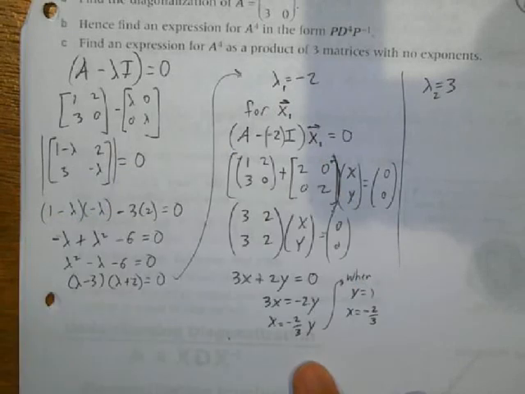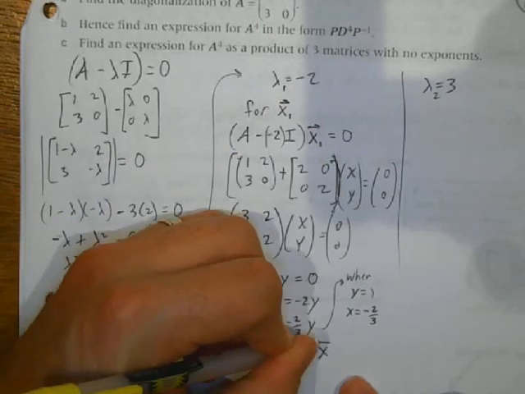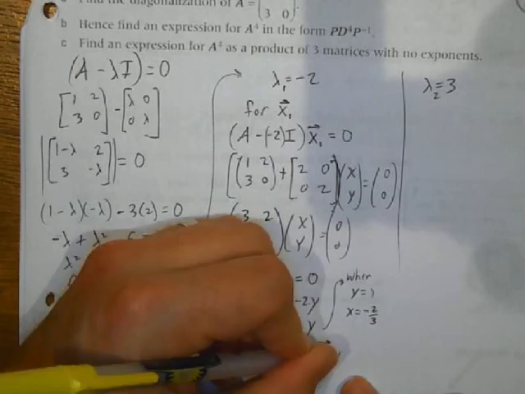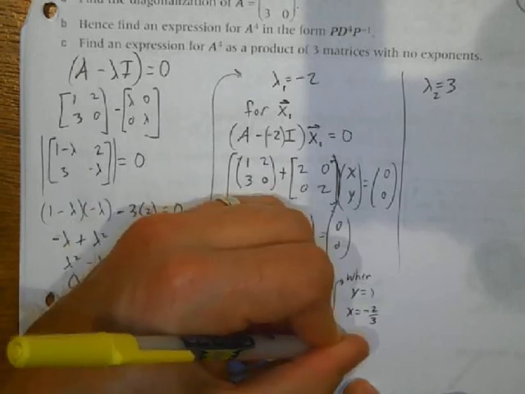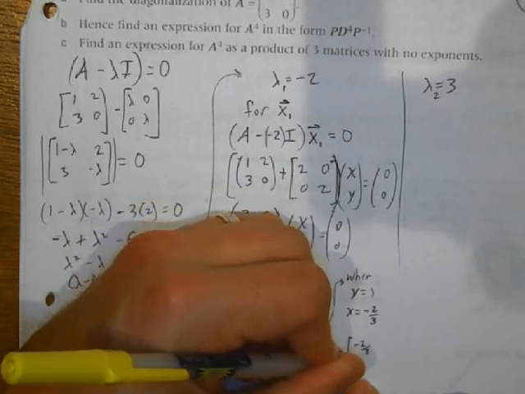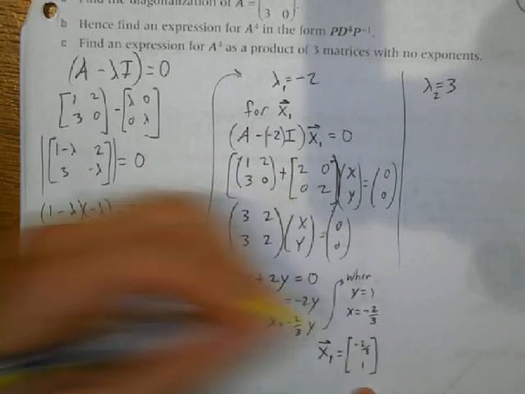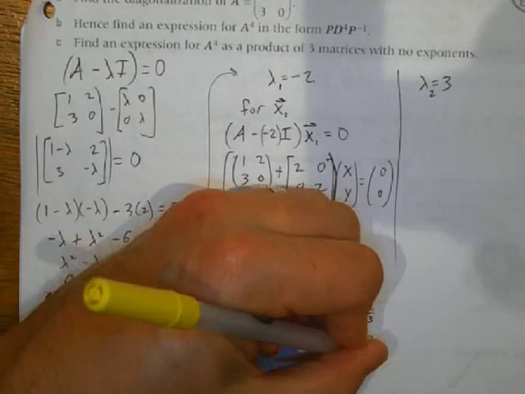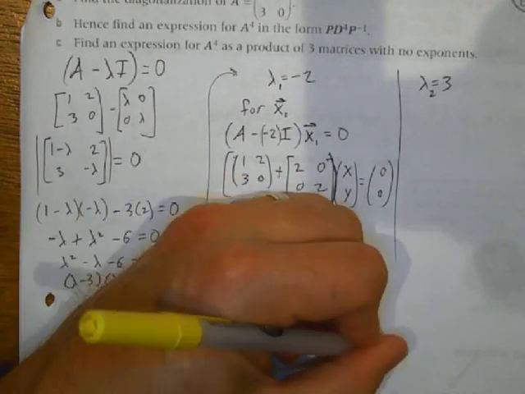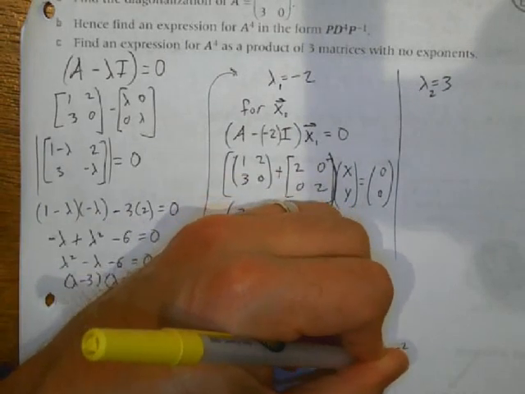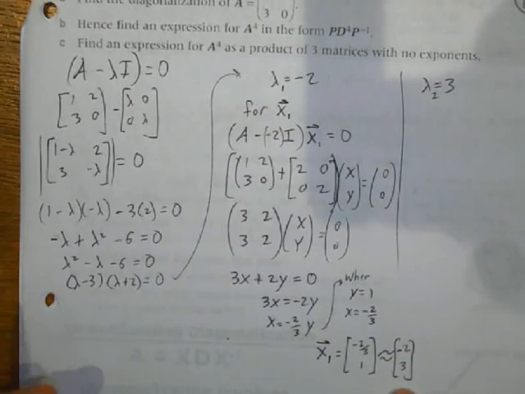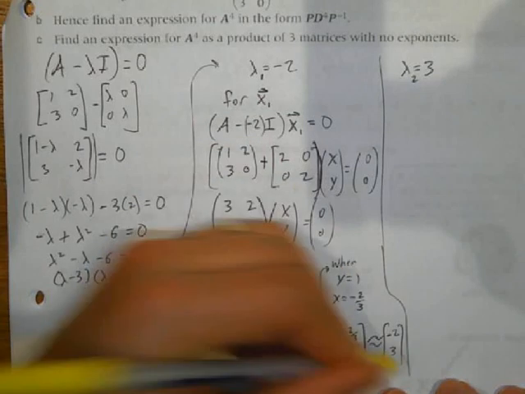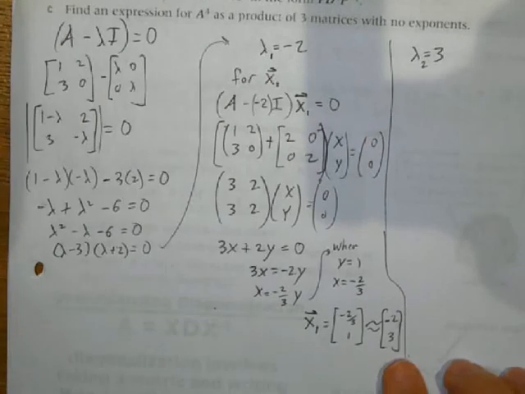Okay, so that means my eigenvector 1 is equal to negative 2/3 and 1. This is the same thing as negative 2 and 3, right? If I multiply the top and bottom by 3, I'm just going to write it like this because I think this is nicer to look at than the little fraction there.